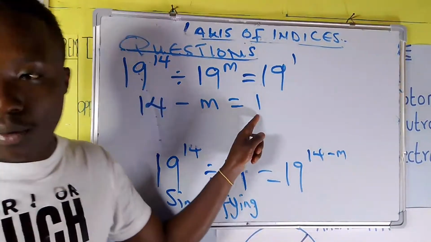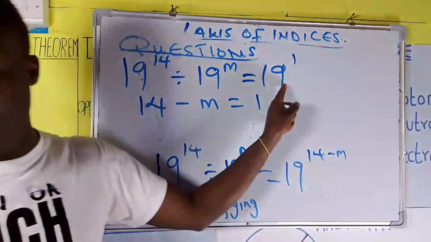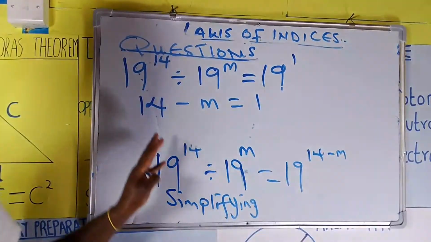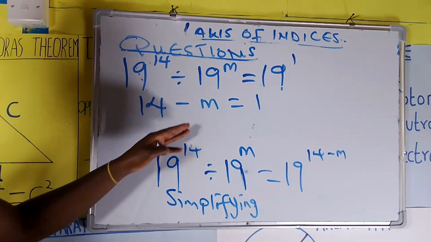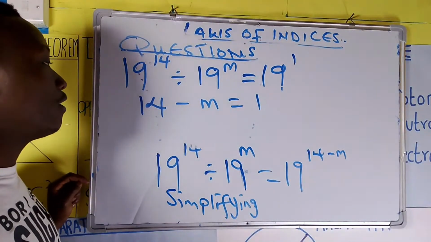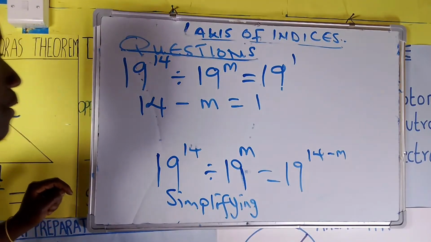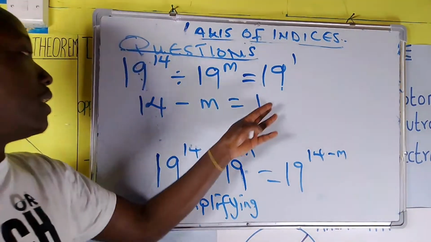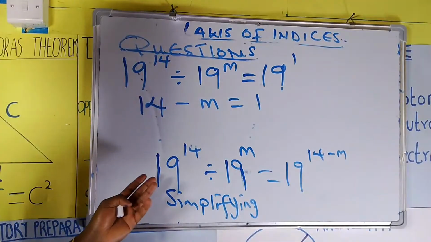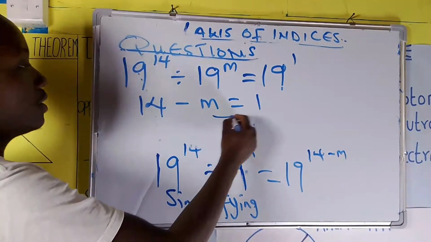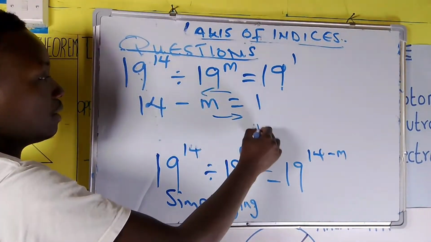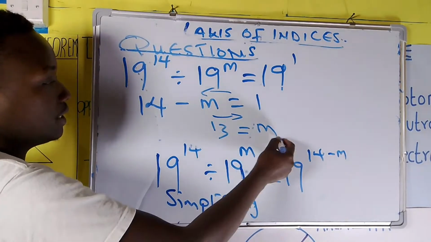Here we drop. Why? Because this one now is an equation. Then we solve for m. If we take this to the other side, our m would have been 13 in this case, because this goes there and this comes here, so our m would be equal to 13.